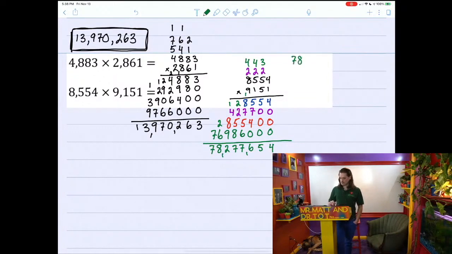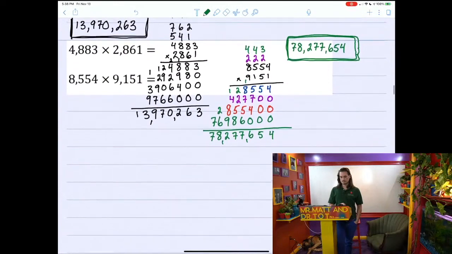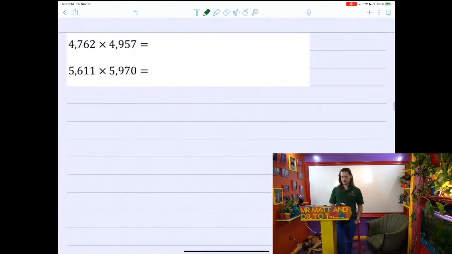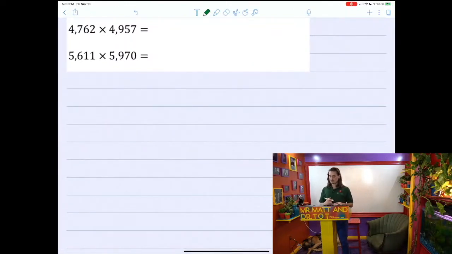If you have any questions, then please let me know. Otherwise, let's take a look at these next 2 problems, and these will probably take us up to the end of class today.